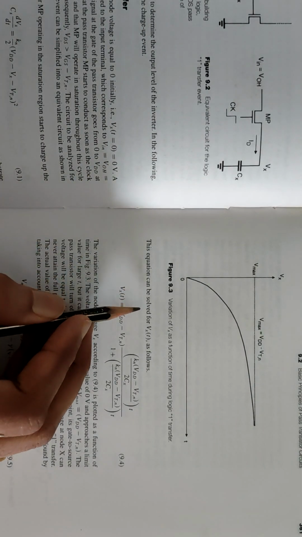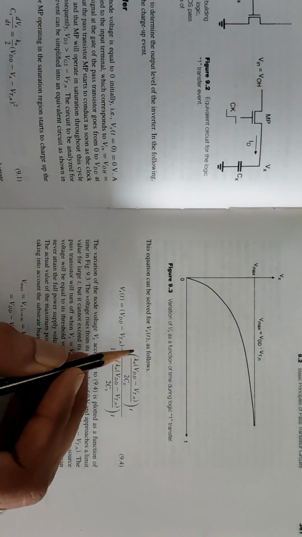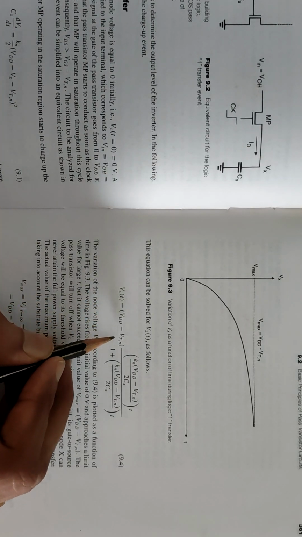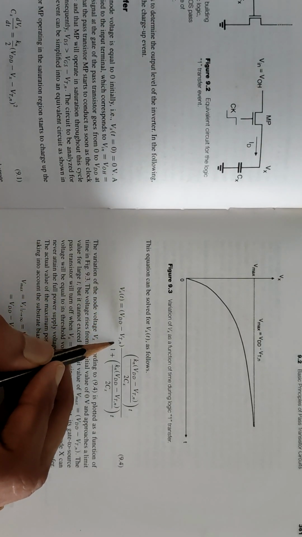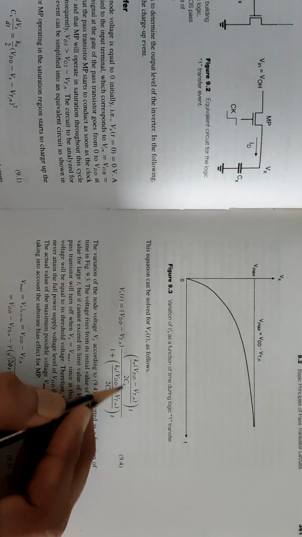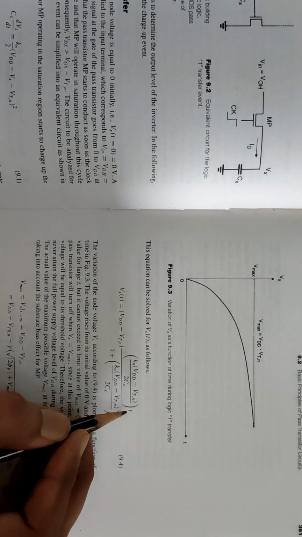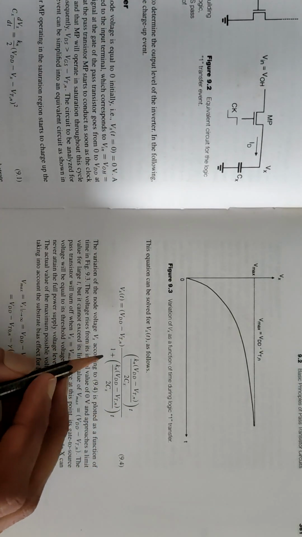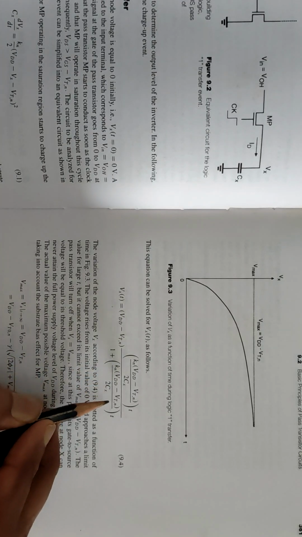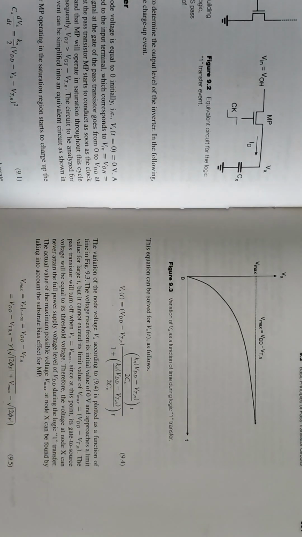This equation can be solved for Vx(t) as follows. Vx(t) is equal to VDD minus VTN times [Kn(VDD minus VTN)/2Cx times t] divided by [1 plus Kn(VDD minus VTN)/2Cx times t].